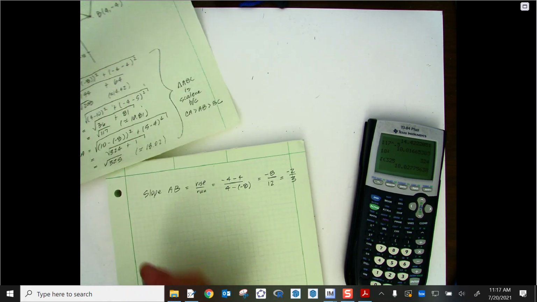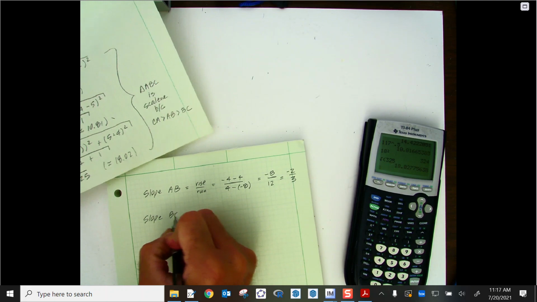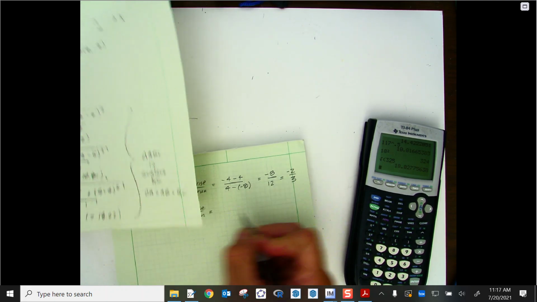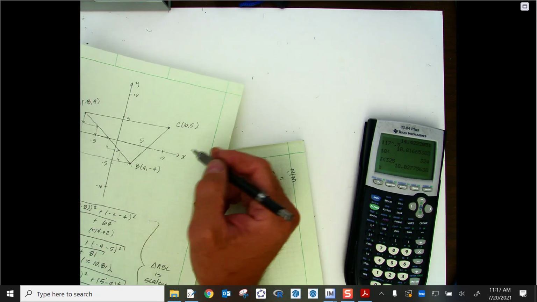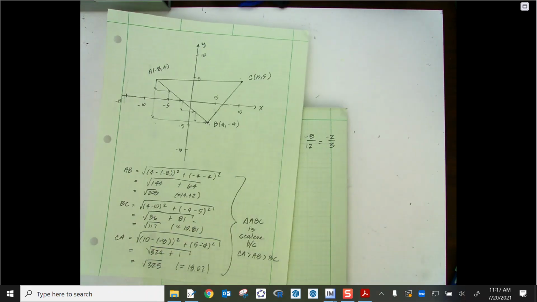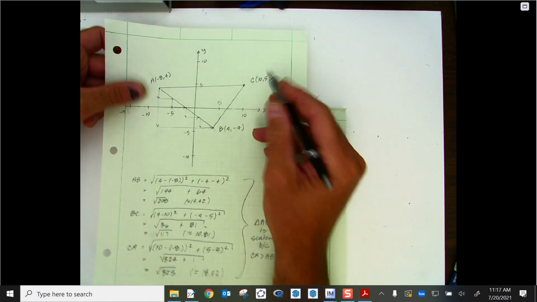And the question now is, what's the slope of BC? Again, it's rise over run. I'm going to go from B to C, so this is x1, y1. Oops, I'm a little bit off the screen, sorry. This is x1, y1 and that's x2, y2.